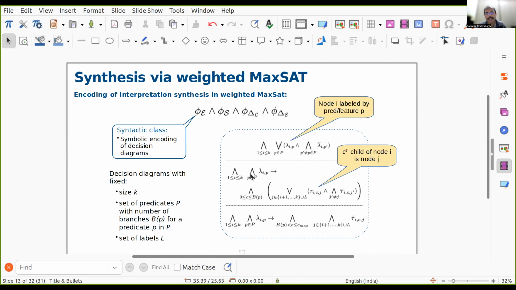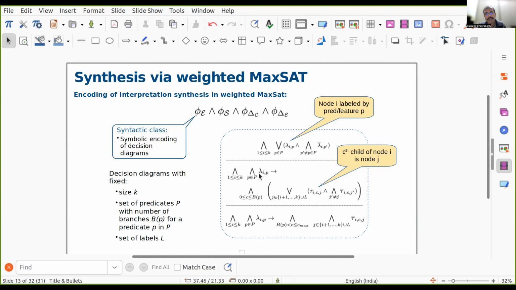The second one is saying something interesting. It is saying that if a node I is labeled by predicate P, and this is for each node and for each predicate, then that node should have a number of outgoing branches or children which is exactly the number of branches for that predicate or feature, right?